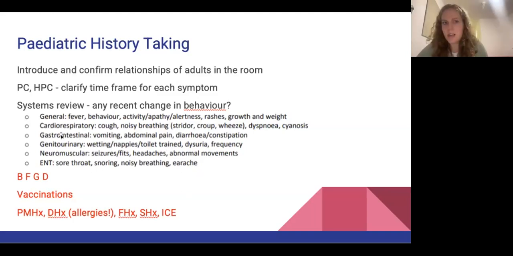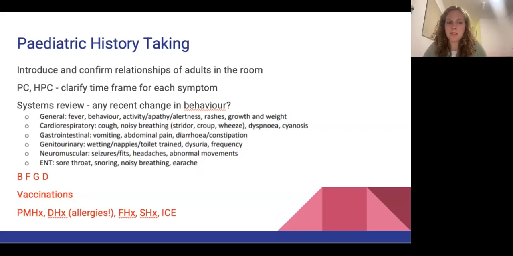In children, the systems review is quite important because basically you're trying to rule out any infections all the time. First of all, children get a lot of infections and they can't always communicate them very well because they can't talk sometimes. So it's really important to look for other signs of infection or being really unwell, like drowsiness and apathy.